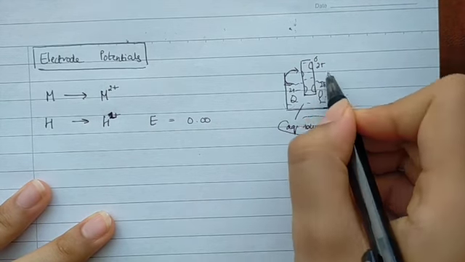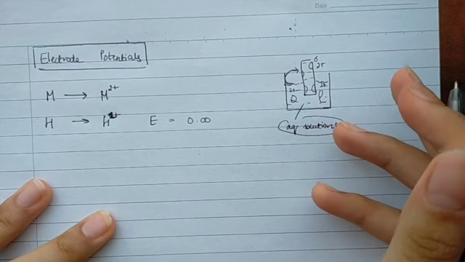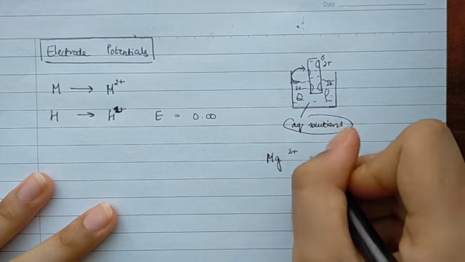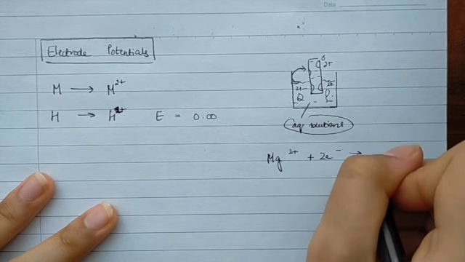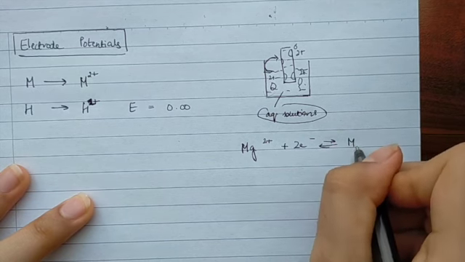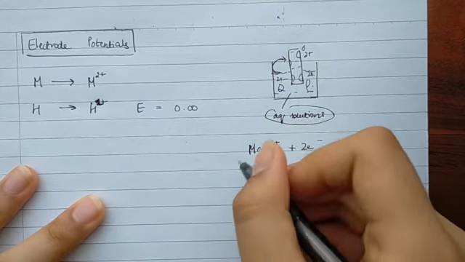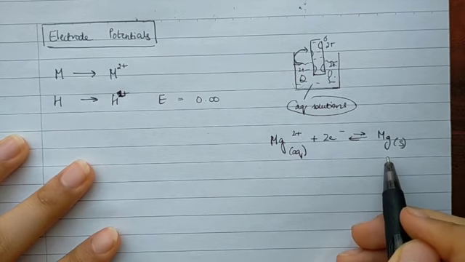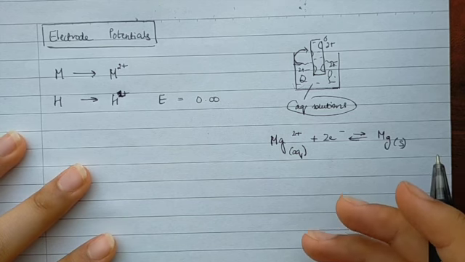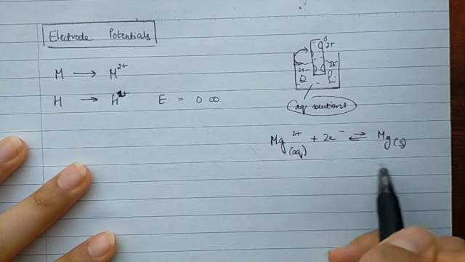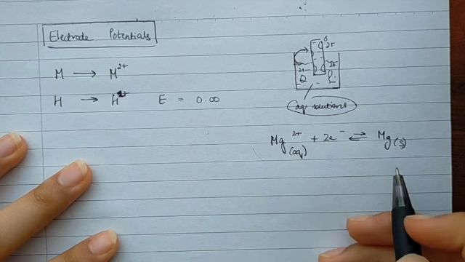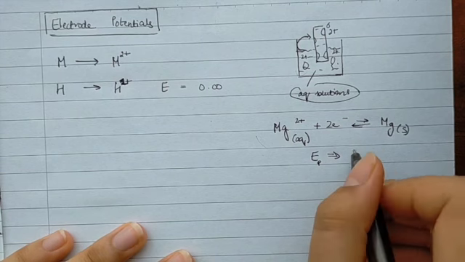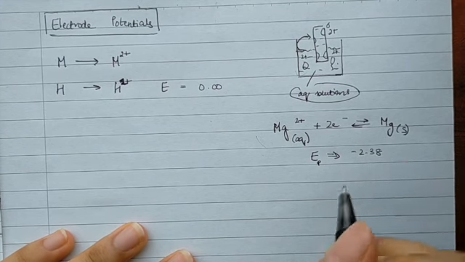So with this to and fro motion, we form an equilibrium: Mg2+ (aq) + 2e- ⇌ Mg (s). If you see in your data booklet, the electrode potential of this equilibrium is stated as minus 2.38.